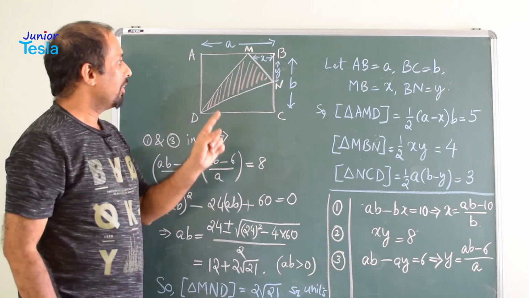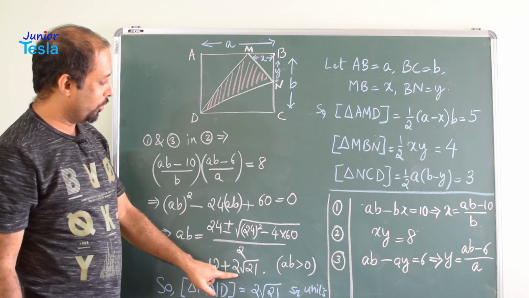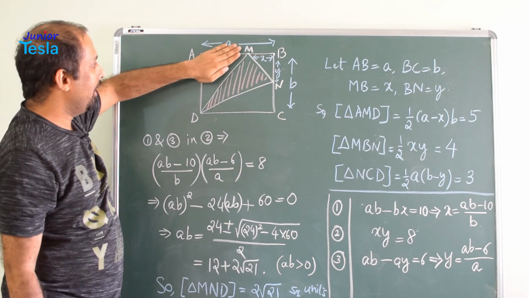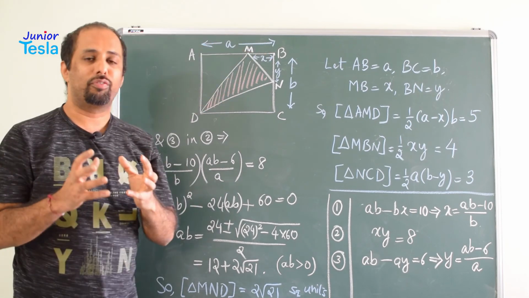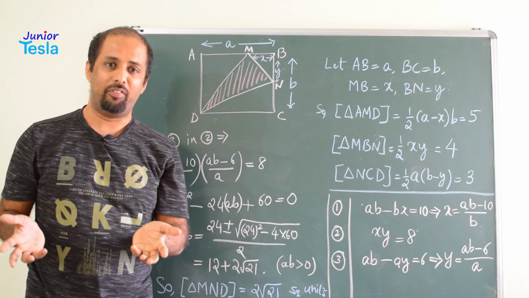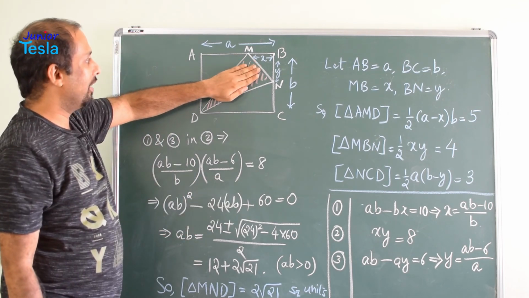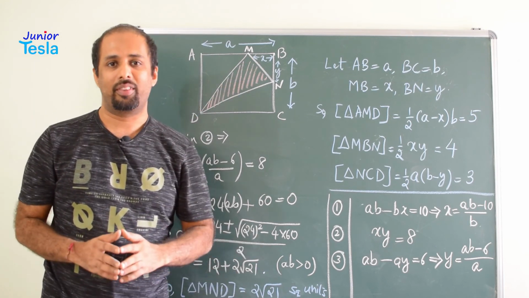So it is 12 plus 2 root 21, that is the total area, minus 5, 4 and 3. So it is 12 plus 2 root 21 minus 12, which is equal to 2 root 21. So that is the area of this required triangle. The area of MND is 2 root 21.